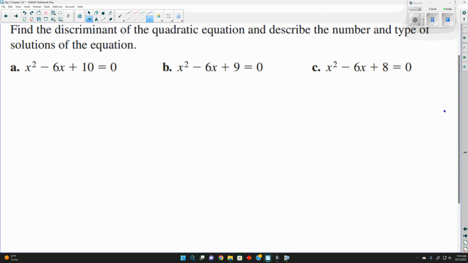So looking at the first one, b squared minus 4ac. b squared in this case is going to be negative 6 squared minus 4 times a times c. Because the first part of this that it wants us to find is the value of the discriminant. So it wants us to find the value of b squared minus 4ac.